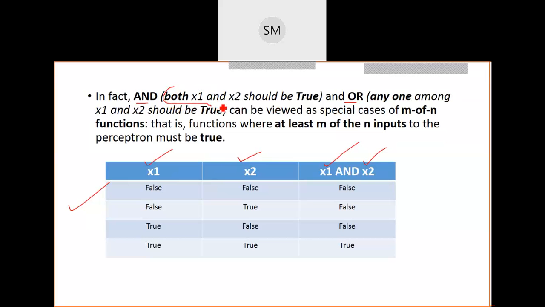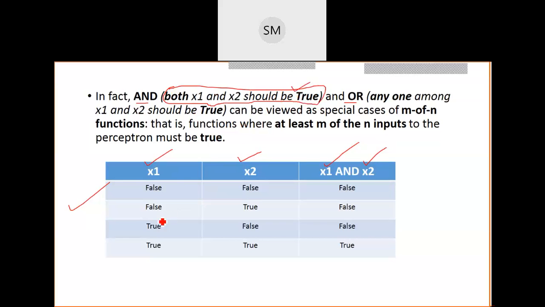In AND, what happens actually, when do we get the output as true? When both the inputs are true, right? So here I have written, when both the inputs x1 and x2 are true, then only we get the output as true.